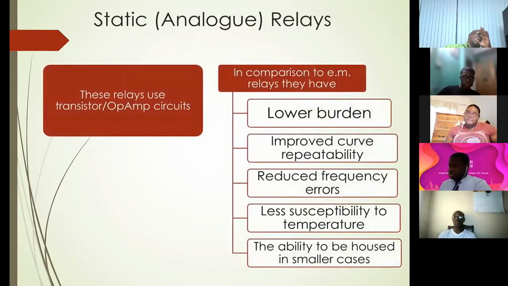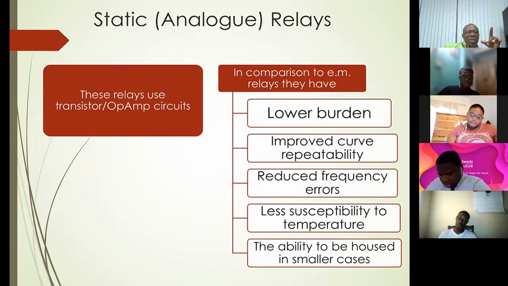So under static, we want to start firstly by referencing your analog relays, and these relays would use your transistor, your op-amp circuits. Now, when we compare the static relays, the analog relays, to your electromechanical, we see that the static relays have some benefits.